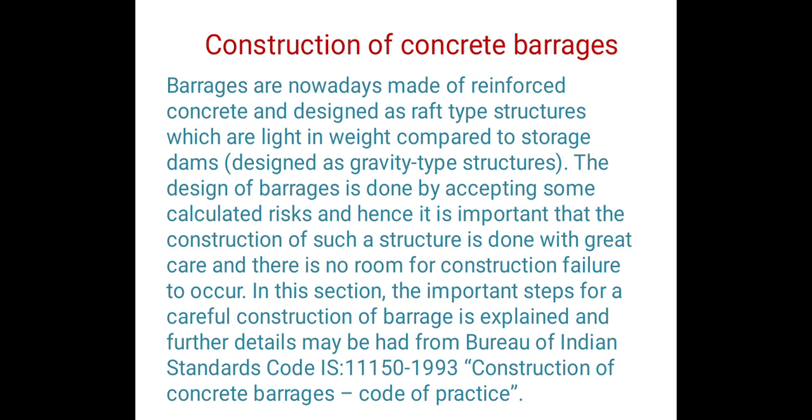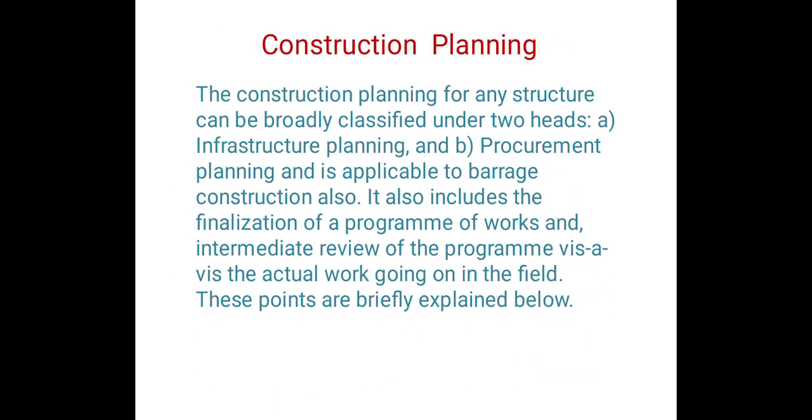In this section, the important steps for a careful construction of a barrage are explained, and further details may be read from the Bureau of Indian Standards Code IS 11130:1993, Construction of Concrete Barrages: Code of Practice. Construction planning. The construction planning for any structure can be broadly classified under two heads.